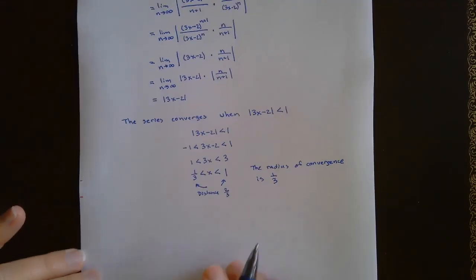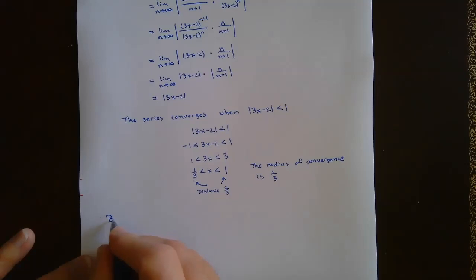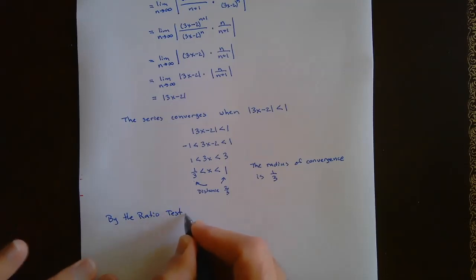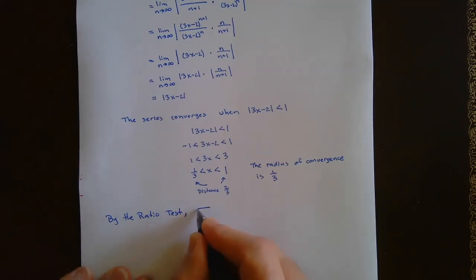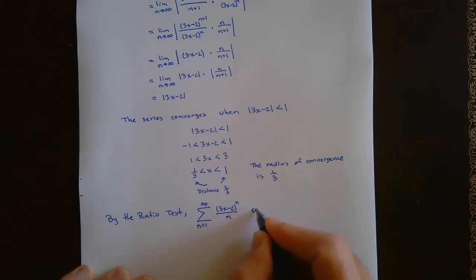So by the ratio test, that's what we're going to say. By the ratio test, the series that we were looking at, sigma n equals 1 to infinity of 3x minus 2 to the n over n, converges.